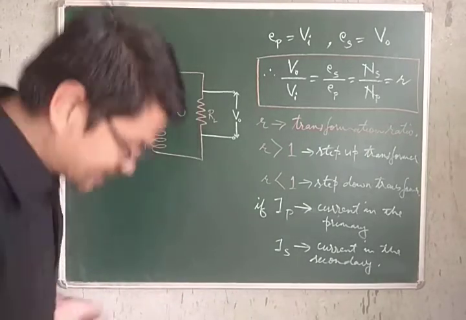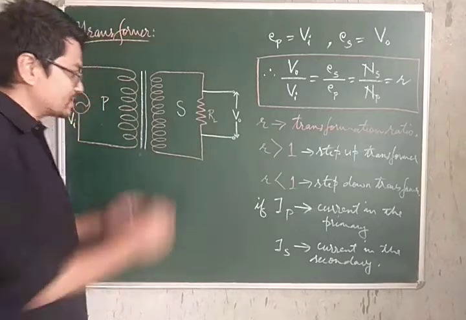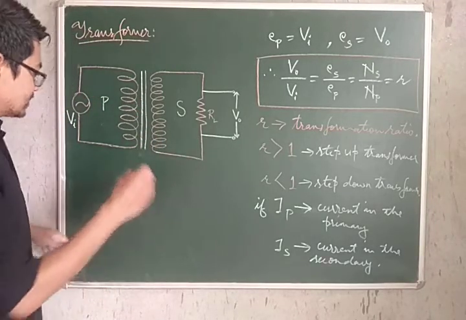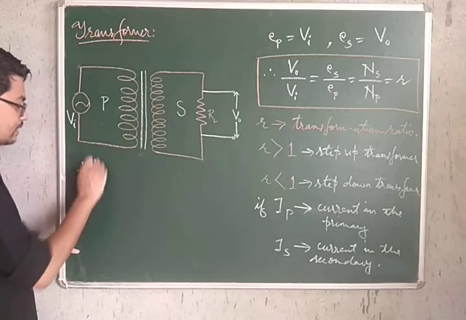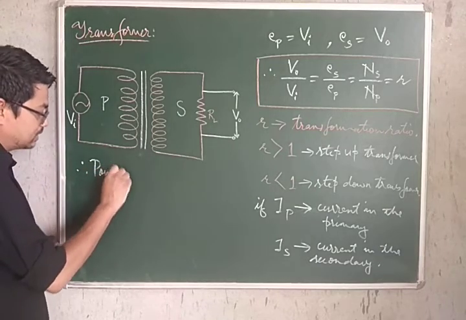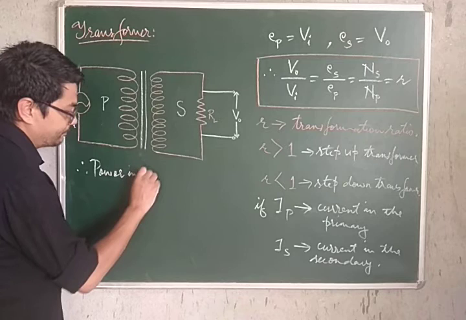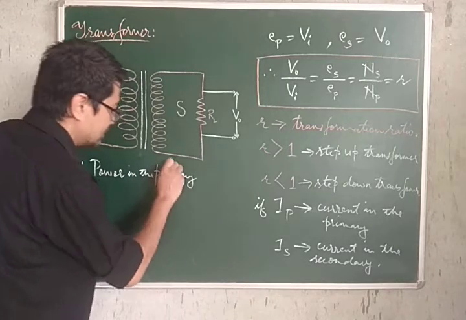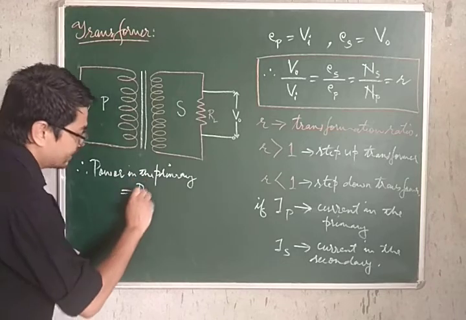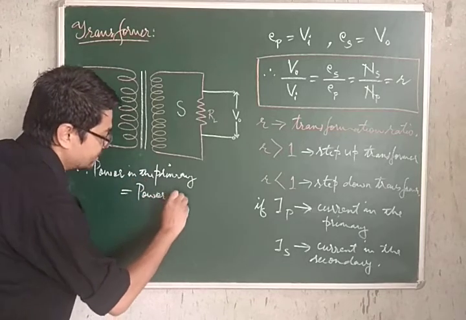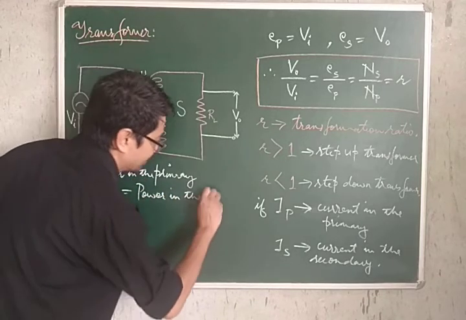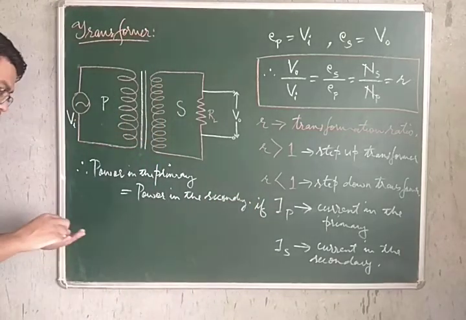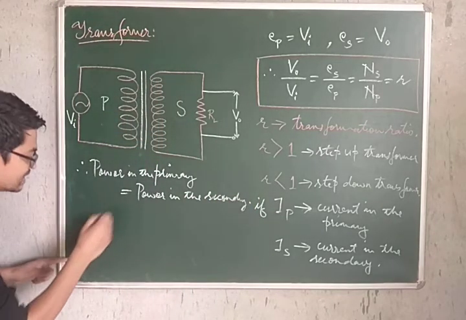Since we are considering an ideal case with no loss in energy in this transformer, the power in the primary has to be equal to the power in the secondary coil.